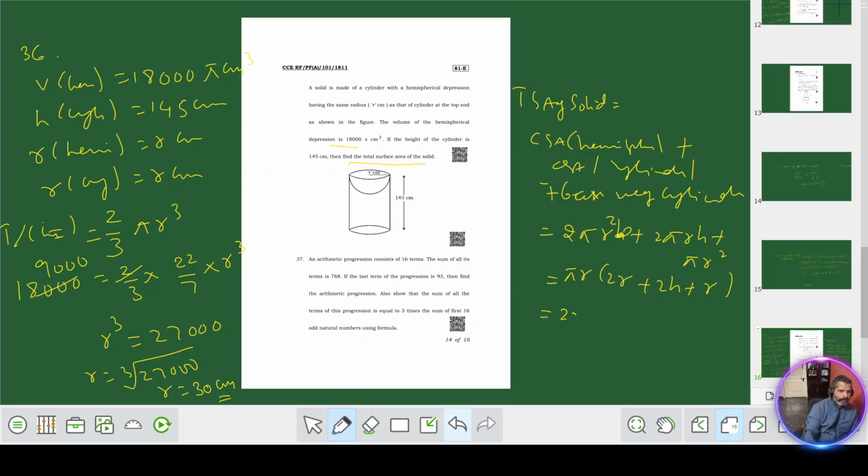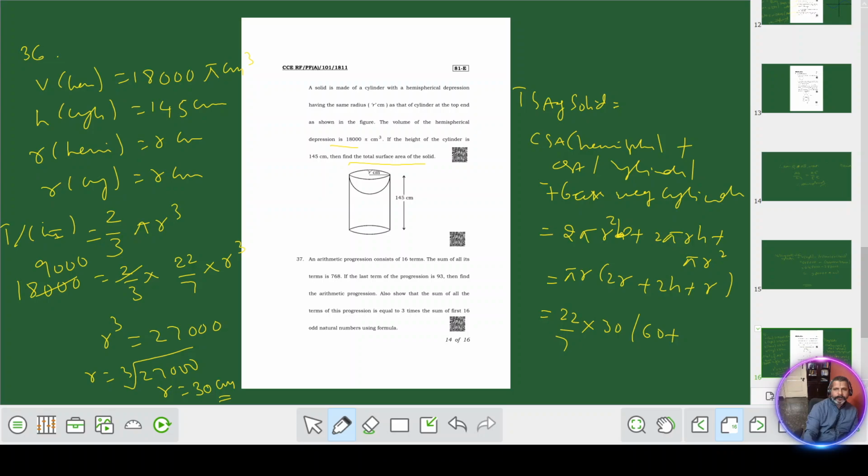Substitute here, 22 by 7, r we found just now, that is 30. Then 2r is 60 plus 2h, height of the cylinder is 145, that is 290, plus r is 30.